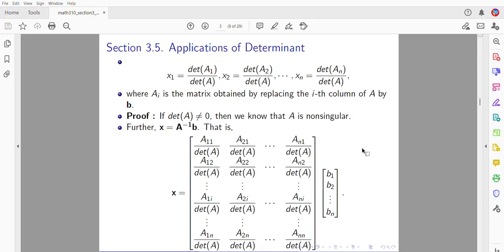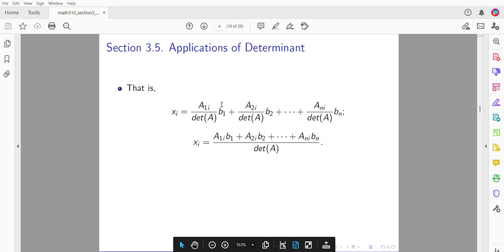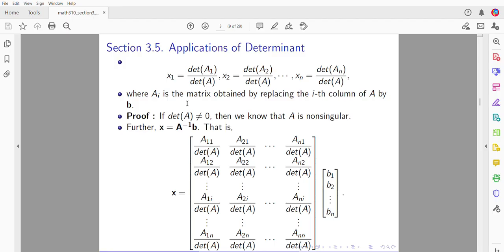Now how do you multiply across? Multiply this way and then to B. Multiply this and then to B. So the ith element is you multiply across with B. So let's go back. Somewhere here is the ith row.